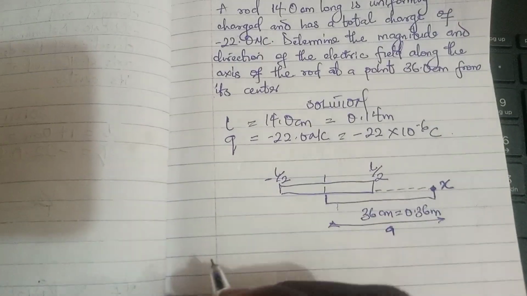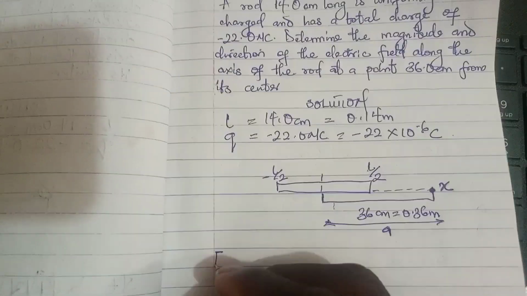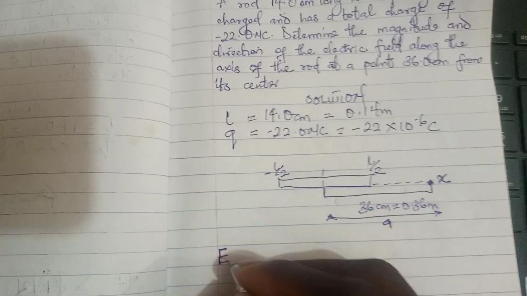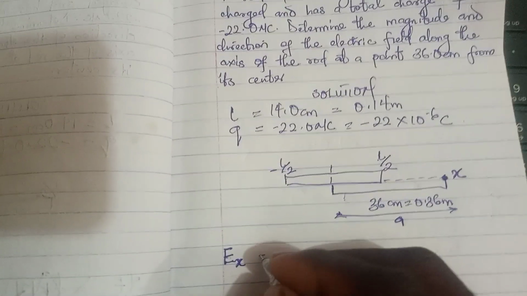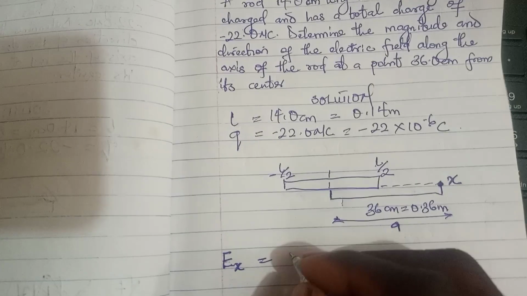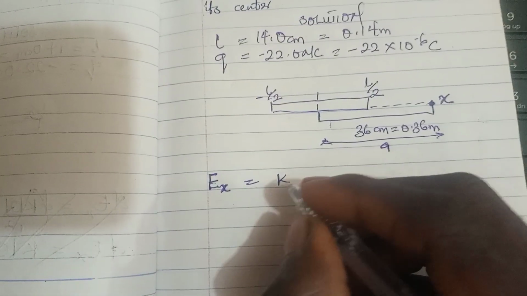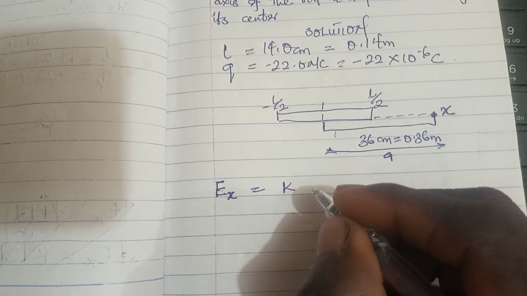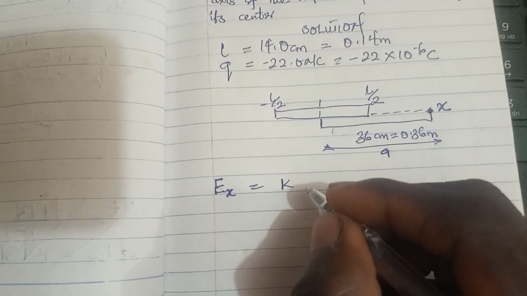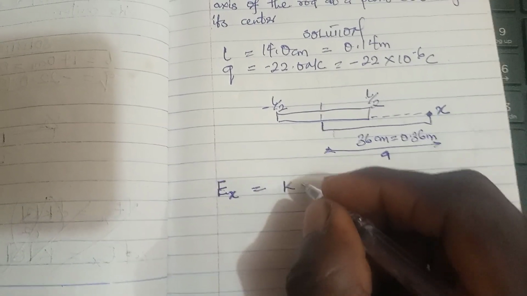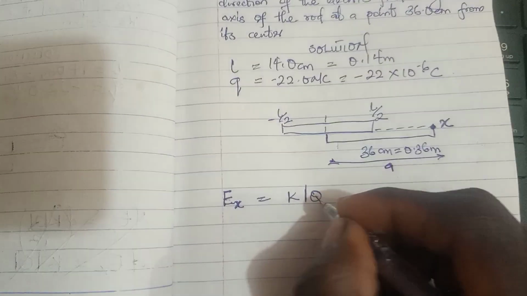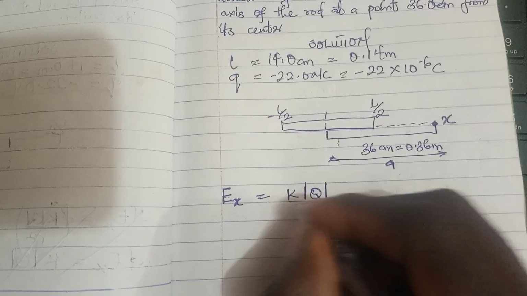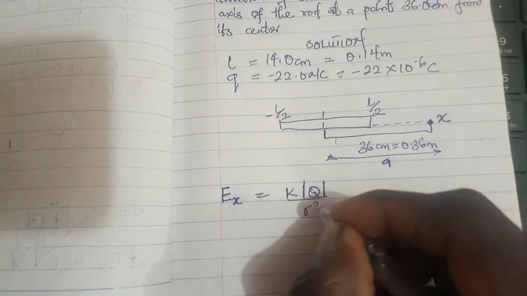Now, we are going to use this formula to calculate the electric field along the axis, that's the x-axis. Normally we know the electric field: you have K, that is 9 times 10 raised to power 9, 1 over 4 pi epsilon naught. So K, then we have the modulus of the charge, capital Q, over r squared.